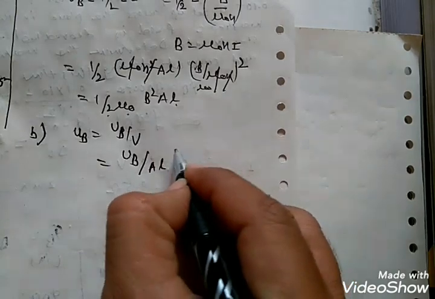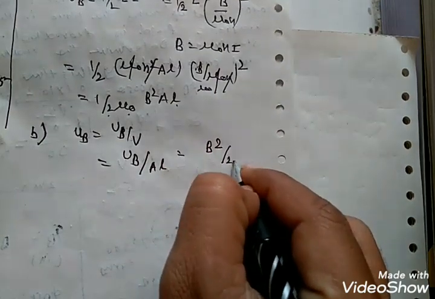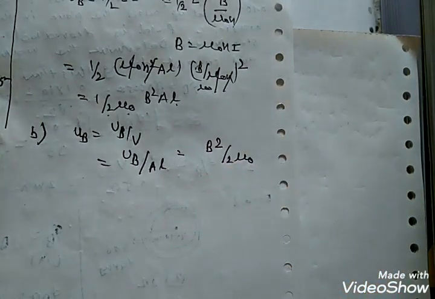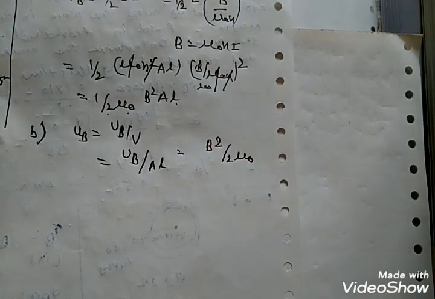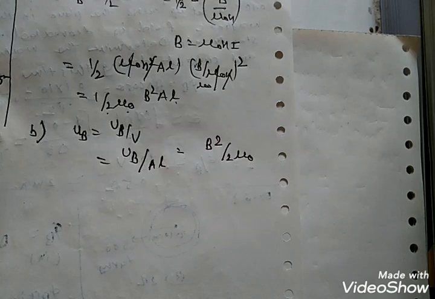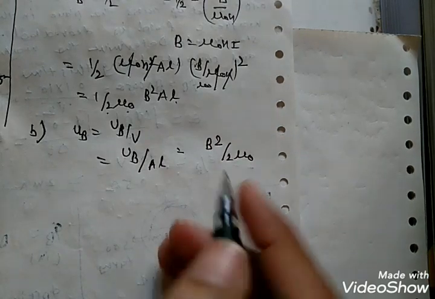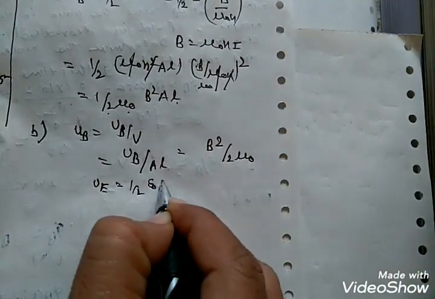So it is equal to B square upon 2 mu 0. We have already obtained the relation for the electrostatic energy stored per unit volume in a parallel plate capacitor in chapter 2: UE is equal to 1 by 2 epsilon 0 E square. In both cases, energy is proportional to the square of the field strength.